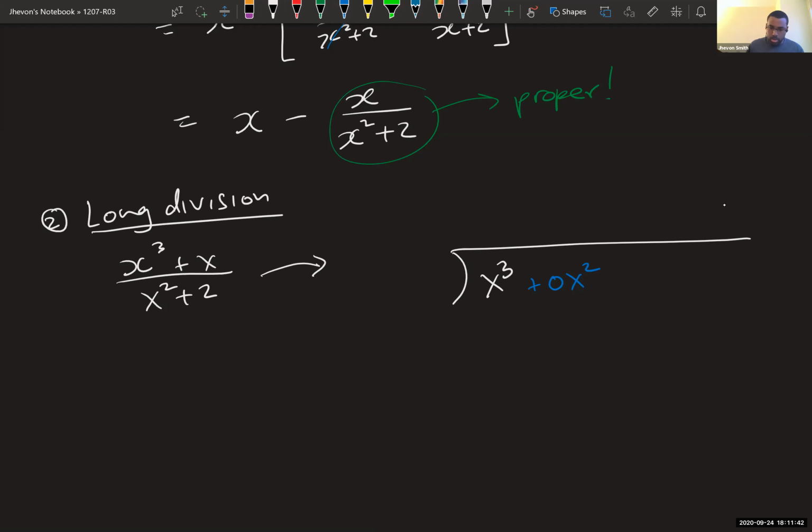No, I don't have to leave space for the x. There's actually an x there. Plus x, leave a space for the constant. And I want to actually divide x squared plus 2 into that.